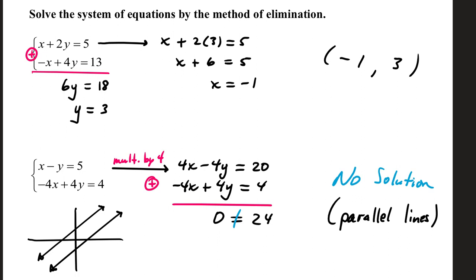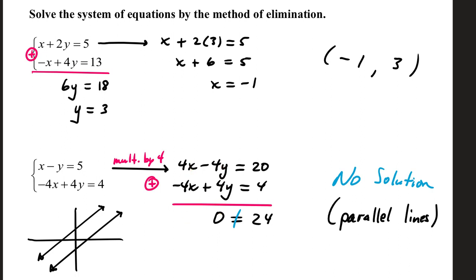However, if you were to multiply this top equation by 4, you would get 4x minus 4y equals 20. You got to multiply every term by 4. Now you've created opposites. 4x and negative 4x are opposites. So when you add, your x's will go to 0. One issue that comes up on this set of equations is the y's also become opposites.